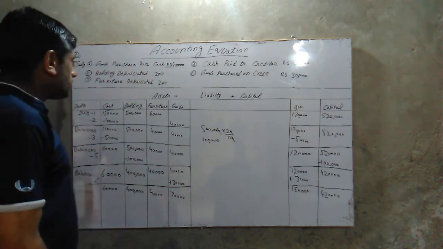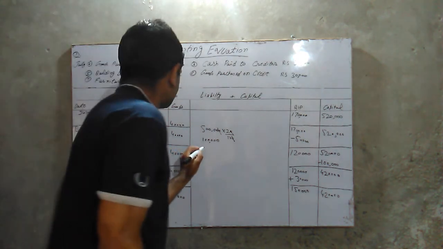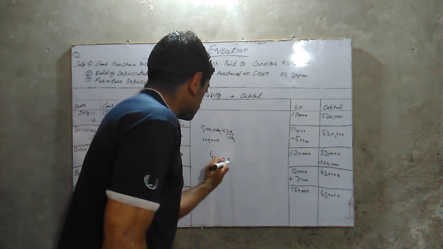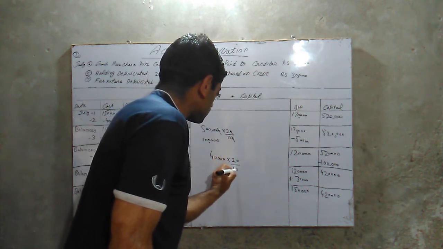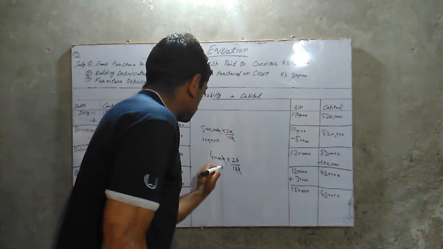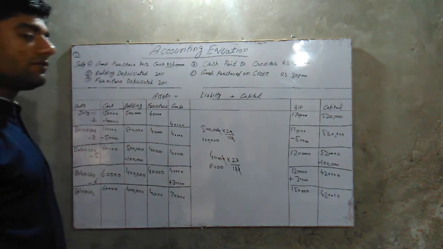So now calculate 20% of 40,000. Cross, a simple way, 2, 2, 2, 4, 8. 8,000 is the depreciation on furniture.